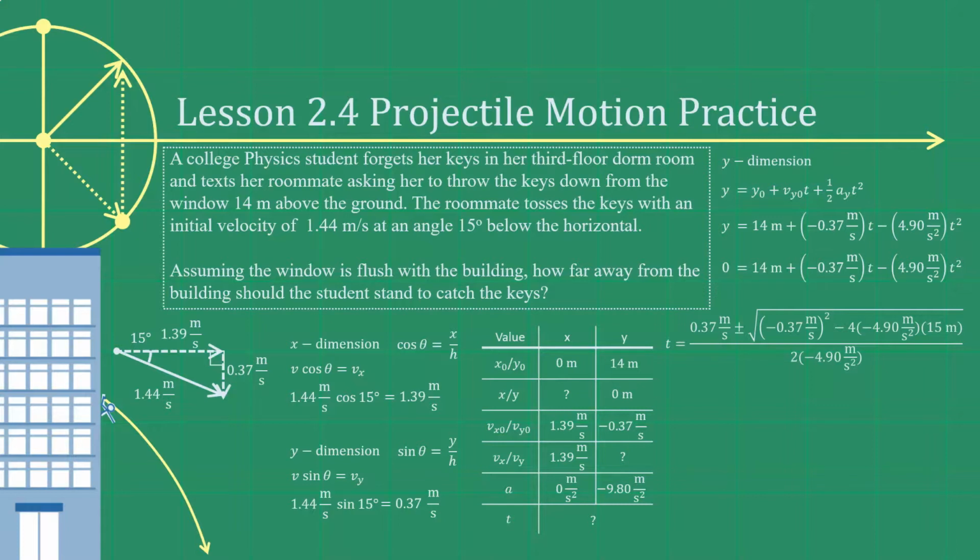Notice it's negative 0.37 meters per second. Remember that negative 0.37 came from our observation that the keys were being thrown downward. Honestly, if you were to work this problem out on your own, it's pretty easy to miss that, because it's not like there's this big revelation that that number should be negative.